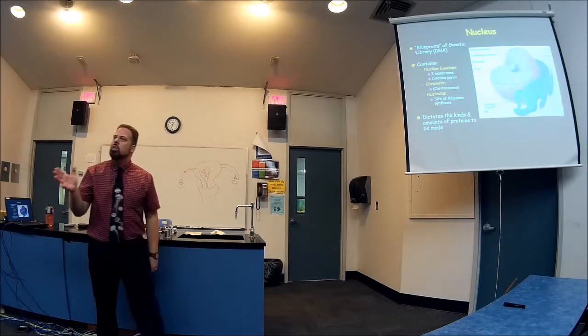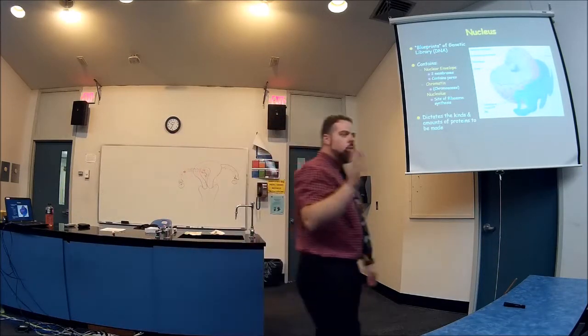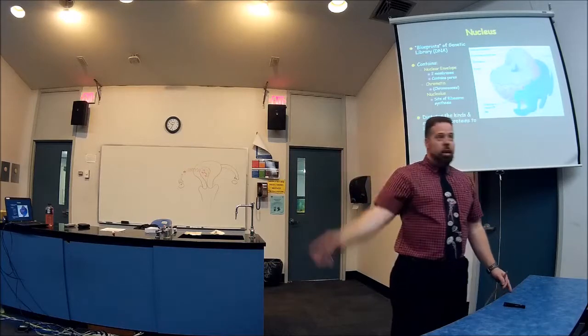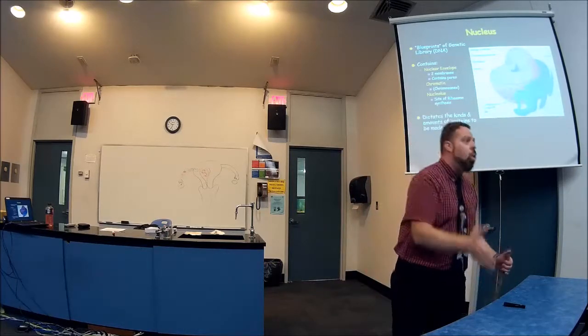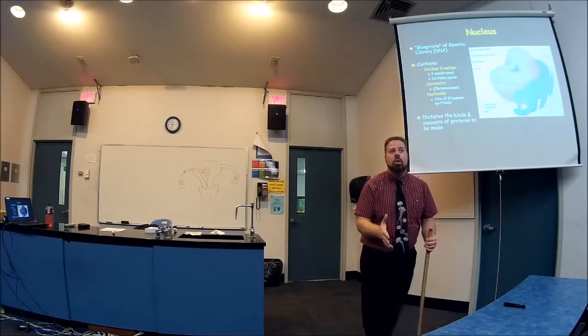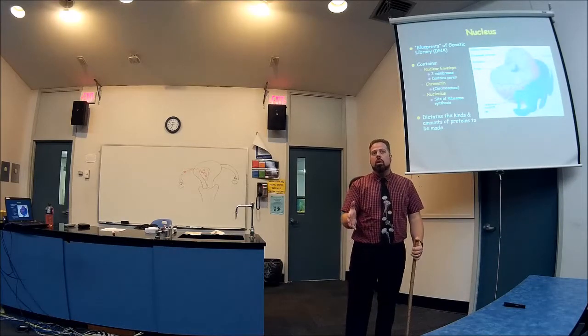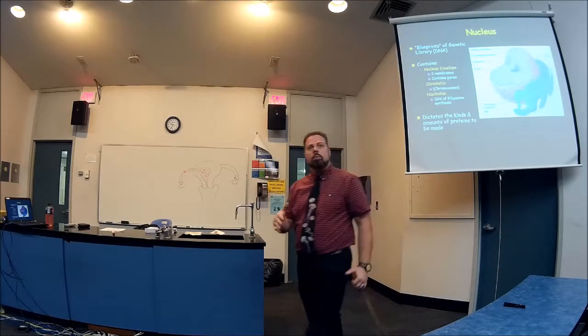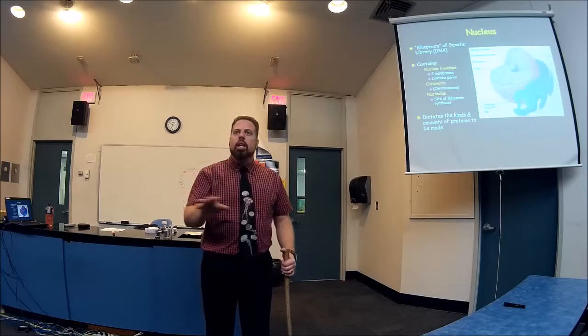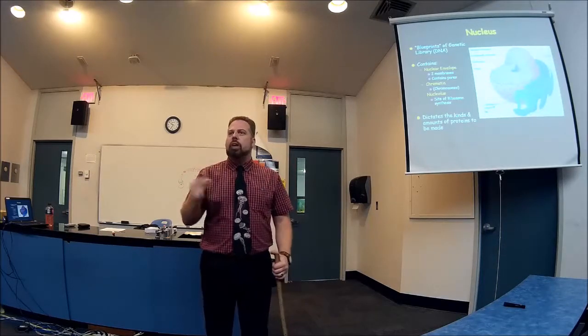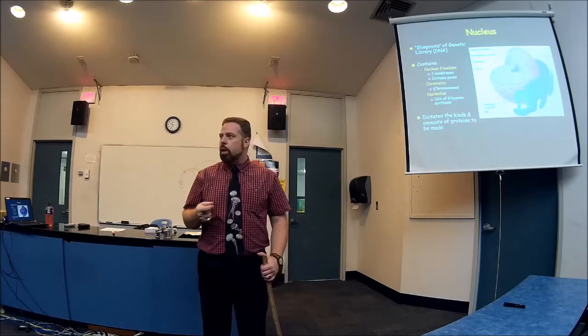Does that make sense? The difference between chromatin and chromosomes? They're the same thing. It's just one is coiled, meaning it's condensed, and we can separate it. Other times it's thin, and we can read everything, and we can pick out things, and it's much faster that way. Are we clear with that?